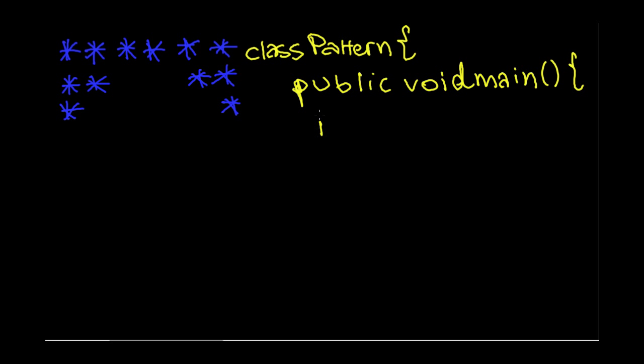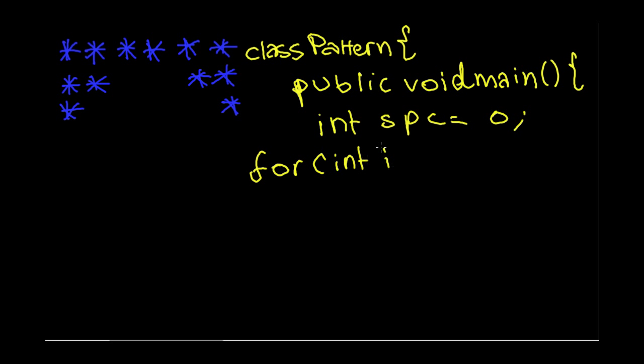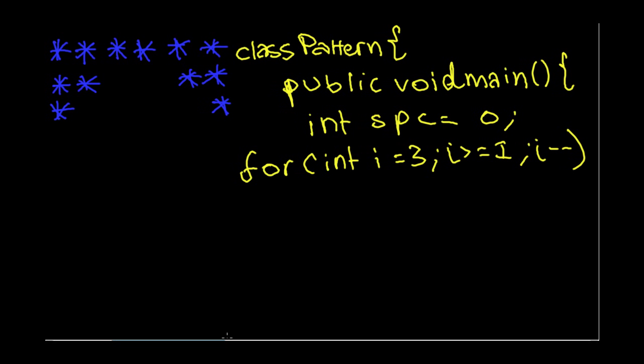Let's say we have a variable int spc for space, which equals 0. Doesn't this whole program look so much easier to you now? I mean, I could just write this whole thing out, making one small change.